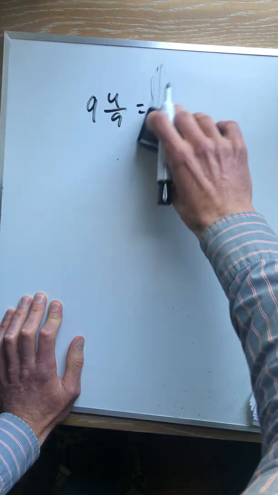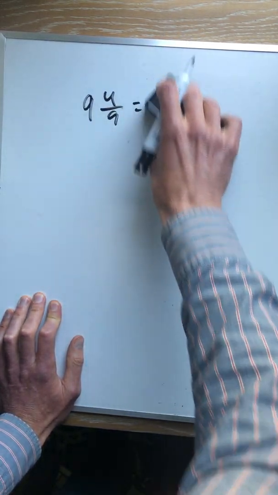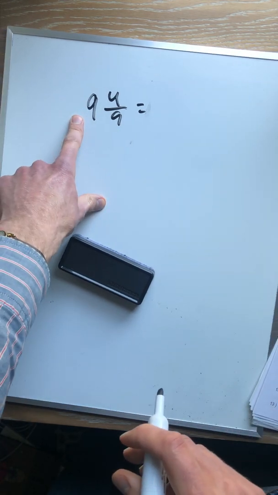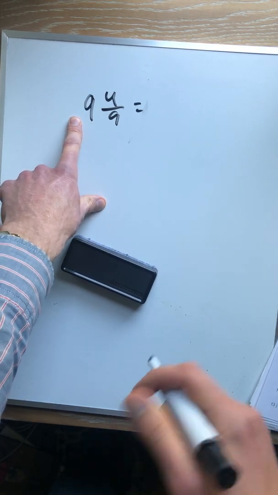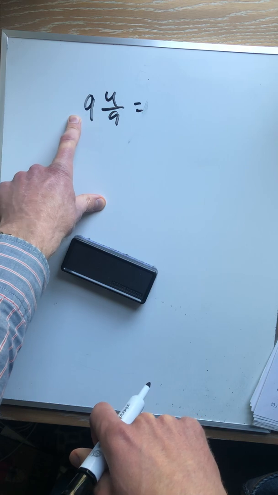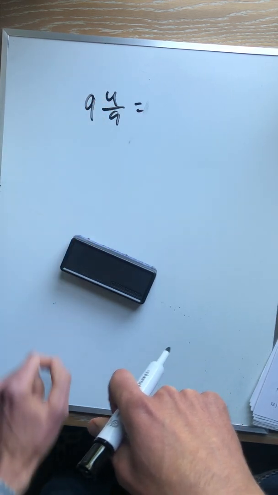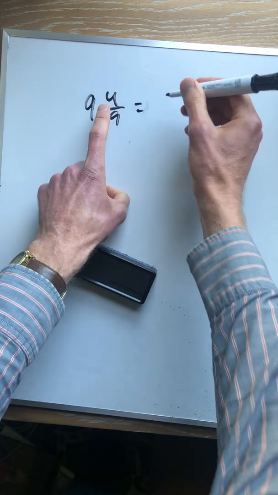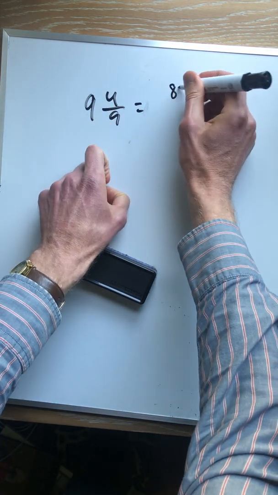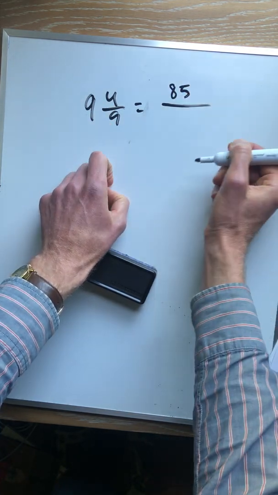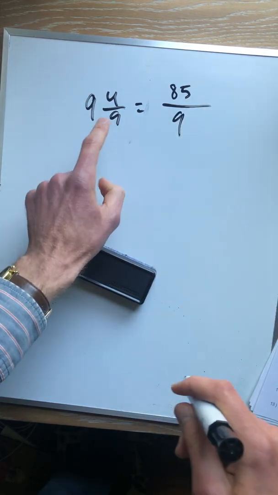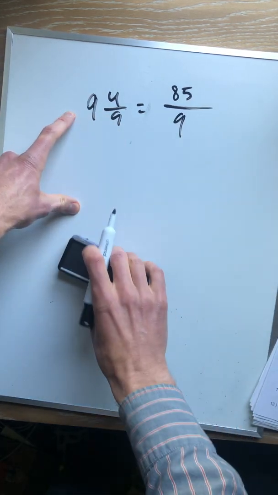So I might try that new technique I just showed you. Instead, I would just say, what's 9 times 9? Hopefully you're still doing your multiplication quick facts. You know 9 times 9 is 81. Then plus 4, 81 plus 4 is 85. And we're talking about ninths.